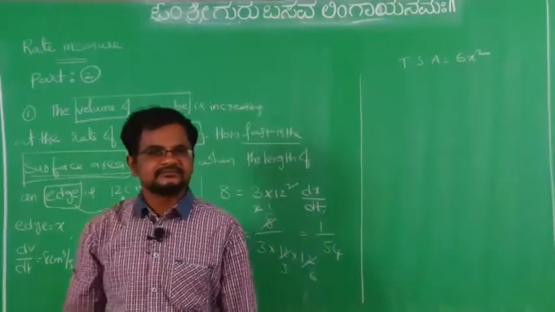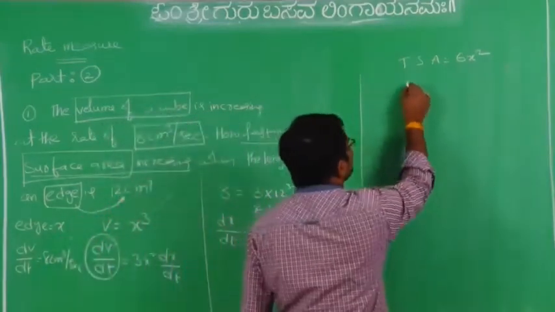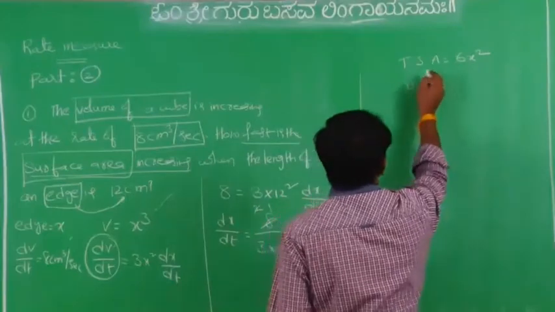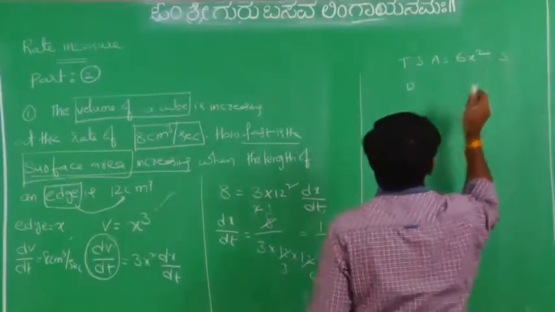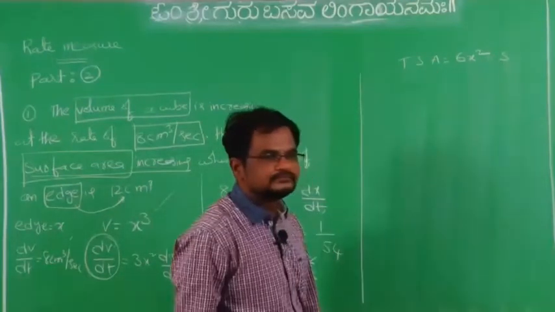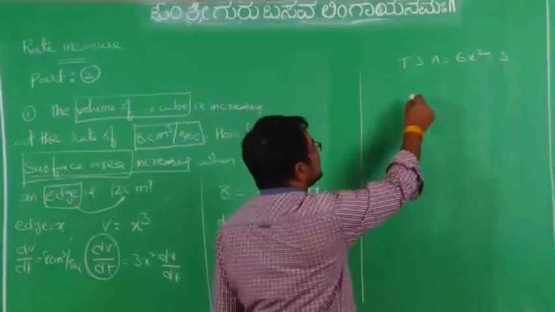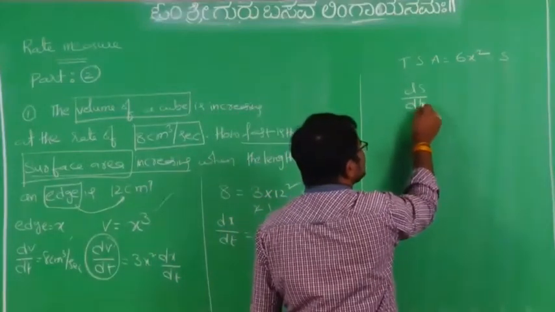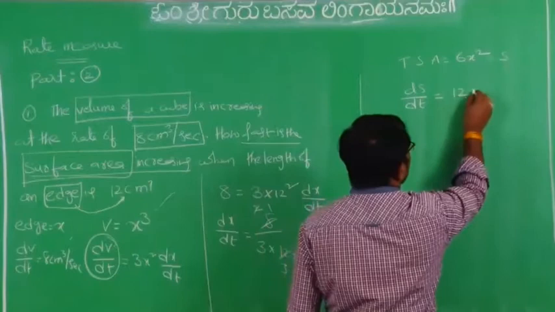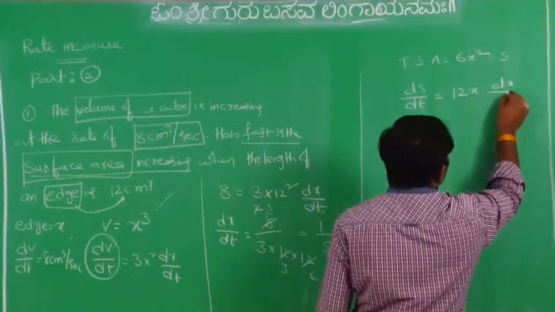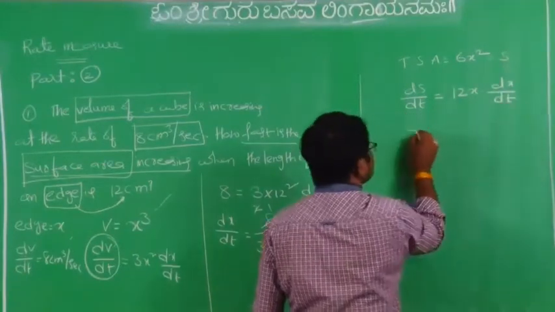X square. Now differentiating, I will take this as S if you take surface area, right? Now dS by dt, differentiating with respect to t, 12x into dx by dt.